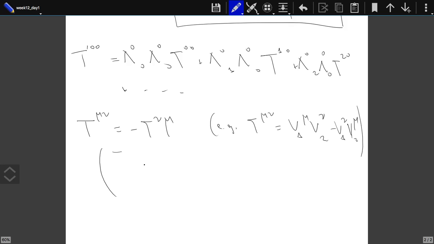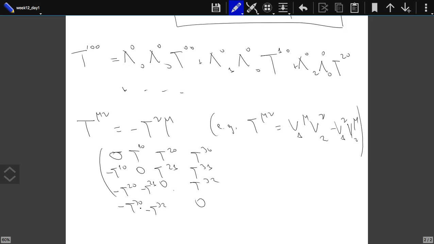The diagonal components have to be 0. Here I have T1, 0, minus T1, 0, T2, 0, minus T2, 0, T3, 0, minus T3, 0, T2, 1, T3, 1, T3, 2, minus T2, 1, minus T3, 2, T31, T32.